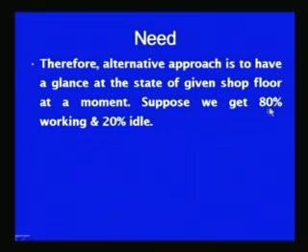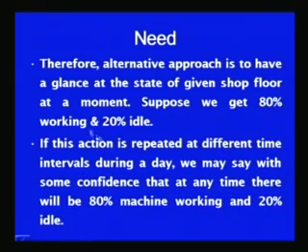Suppose we get that 80% of the people are working and 20% are idle. Then just by one or two observations we may not be able to say with any confidence what is the percentage of the people who are working or what is the percentage of workers who are actually not working at any moment.